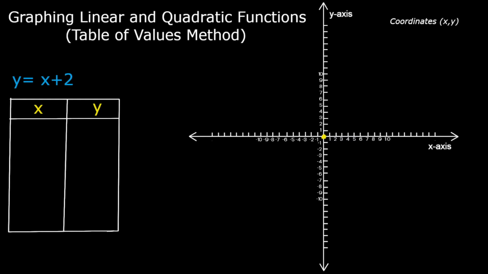Now, halimbawa, ang function is y equals x plus 2. Now, ang pinakaunang step is, kailangan muna nating ma-identify kung alin yung independent variable, pati na rin yung dependent variable. So, kadalasan, ang independent variable, nandito siya sa left side at wala siyang kasamang ibang term, naka-isolate siya. At ang dependent variable naman is itong nasa right side.